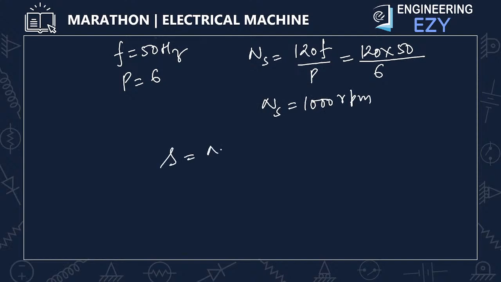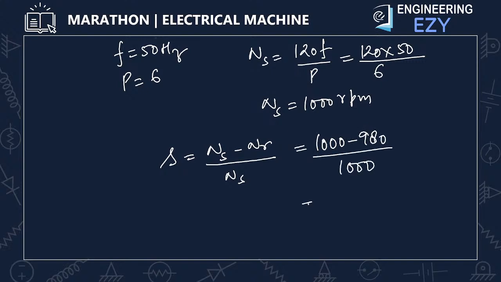Slip is (NS minus NR) upon NS, (1000 minus 980) upon 1000, so slip is 0.02.